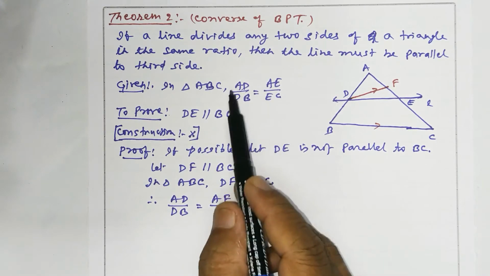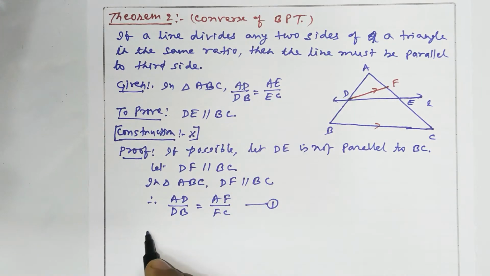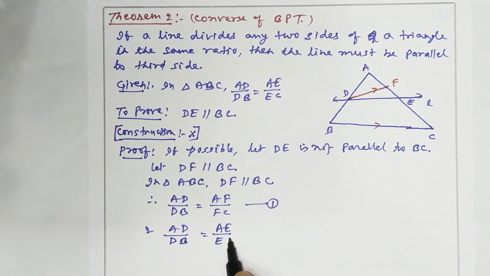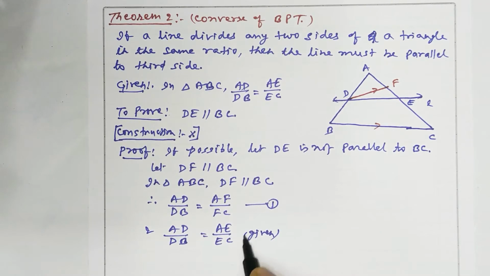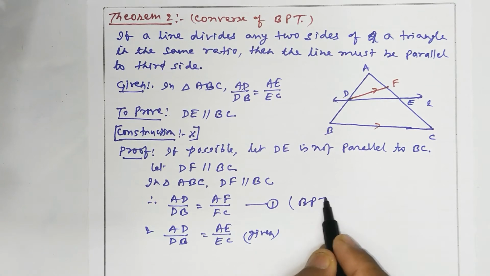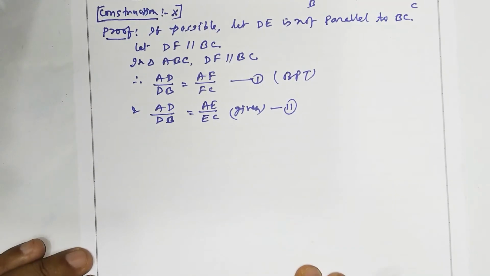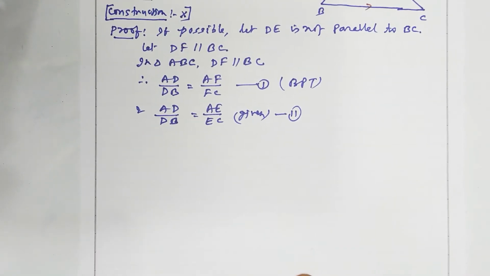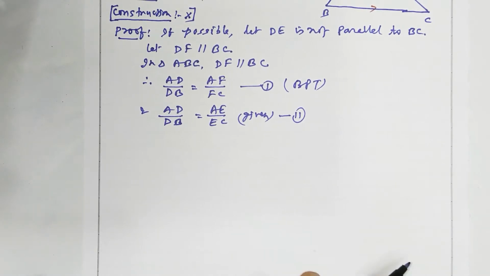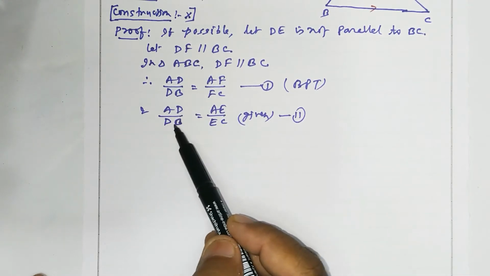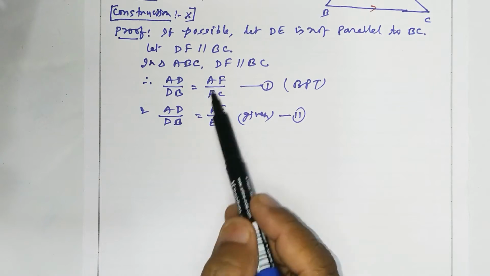But you can see in the given condition, AD by DB is equal to AE by EC. This is given. The first we have got by using BPT, and this condition is given. Compare 1 and 2 together. You will find the LHS in both is AD by DB, so the LHS in both equations are the same, so the RHS must be equal.